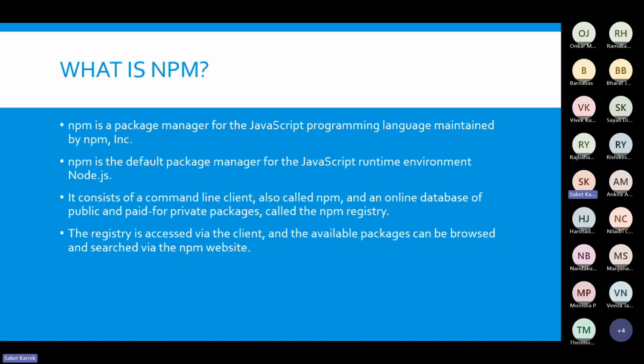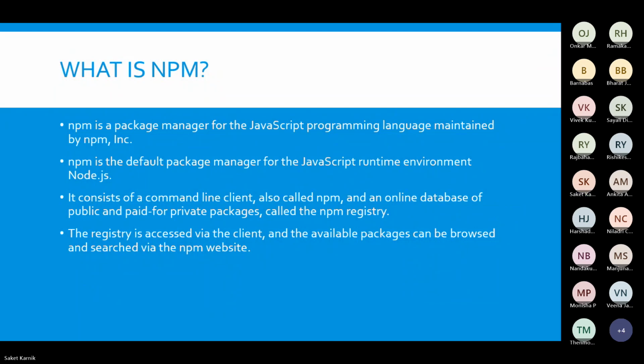Private package repositories might be paid ones as well. And this registry is something that we call the NPM registry. It is accessed via the CLI client, and the available packages can be browsed and searched via the NPM official website also.